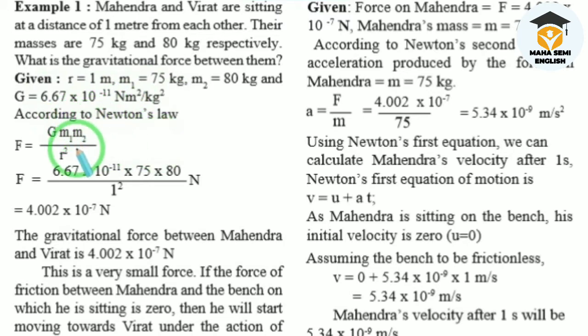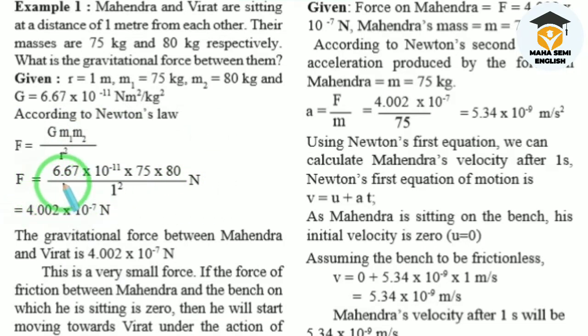According to Newton's law, F is equal to G into m1 into m2. Here we know that this is the formula: force is equal to G into m1 into m2 divided by r square. We know r is the distance, G is the constant, m1 is the mass of 1, m2 is the mass of 2. So see how we can solve.